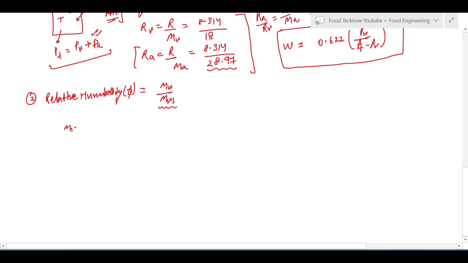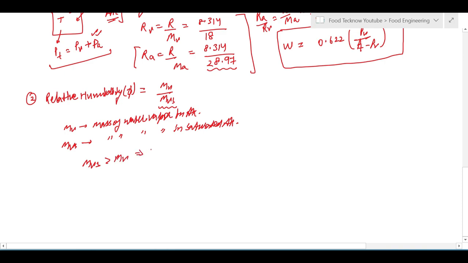So Mv is the mass of water vapor in air, and Mvs is the mass of water vapor in saturated air. And one thing you must have understood is that Mvs is always greater than Mv.